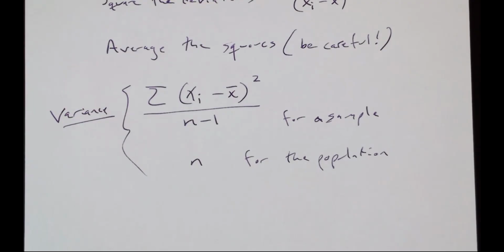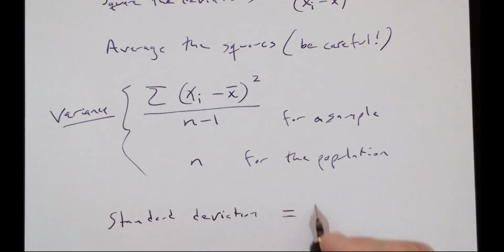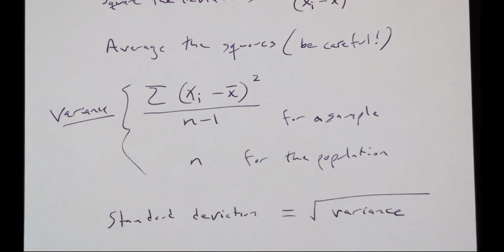It doesn't make any sense. So to make my life easier, I take a square root. The standard deviation is the square root of the variance. Since there are two types of variance, there are two types of standard deviation. One for populations, one for samples.